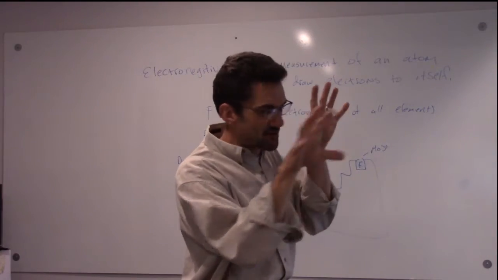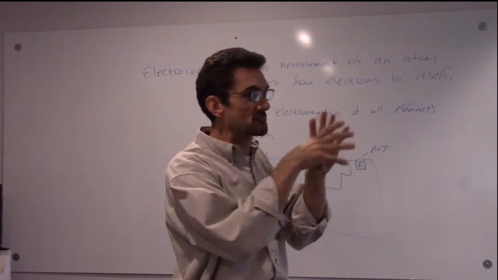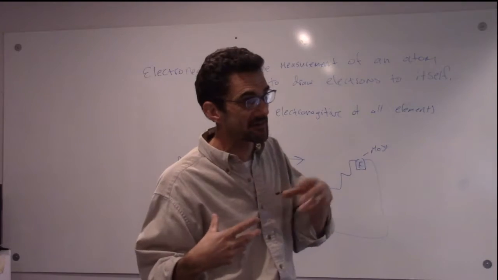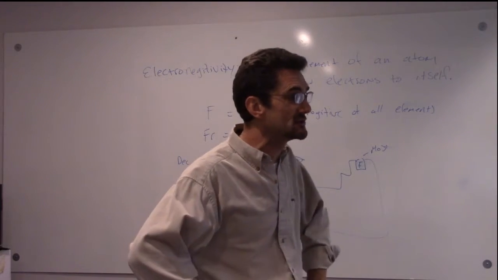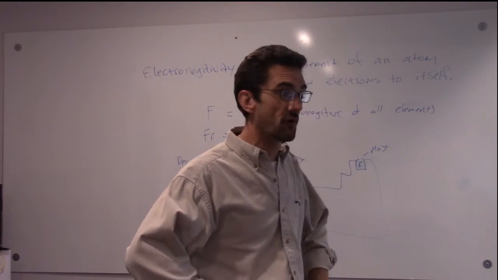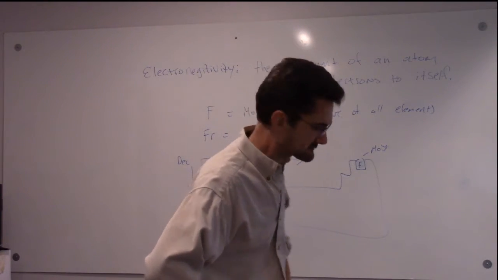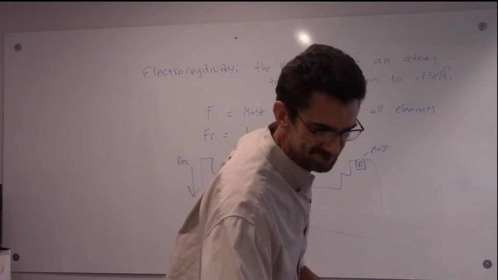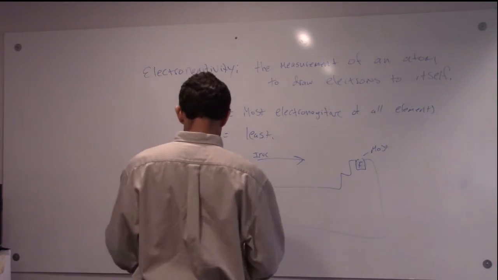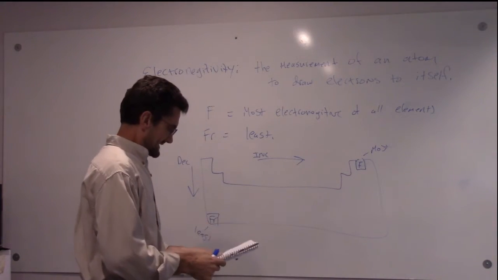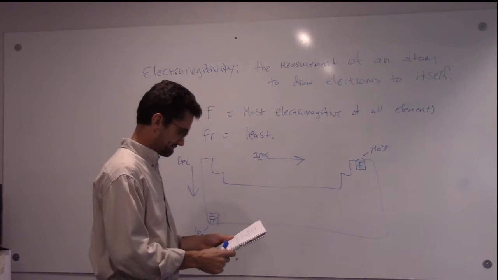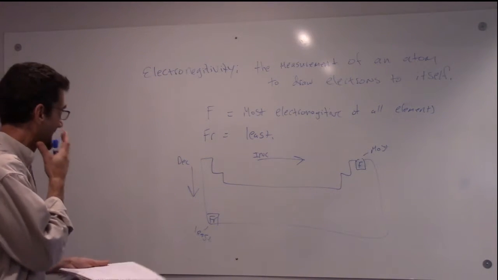And it all just starts mismatching and cross-matching and grabbing a hold and stealing this and borrowing that. And suddenly you have brand new molecules that are formed based on this electronegativity.